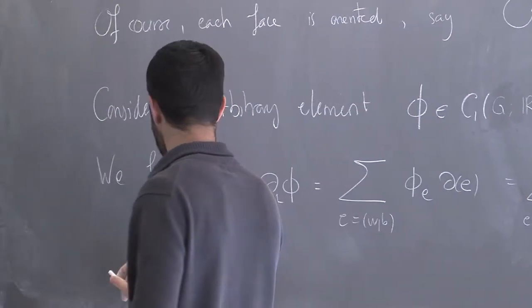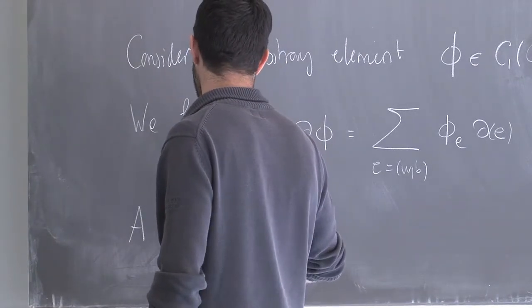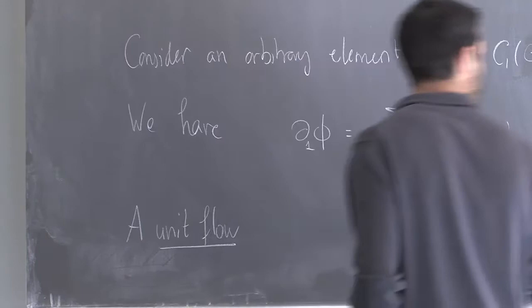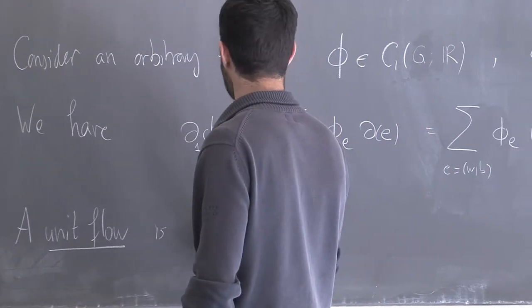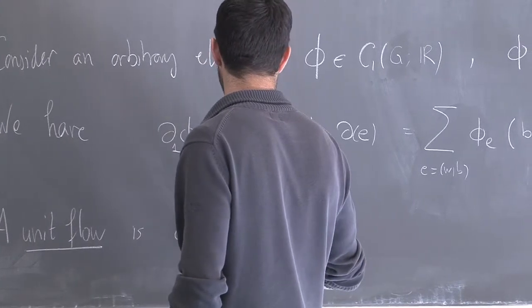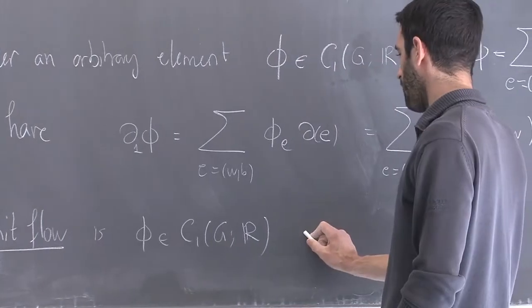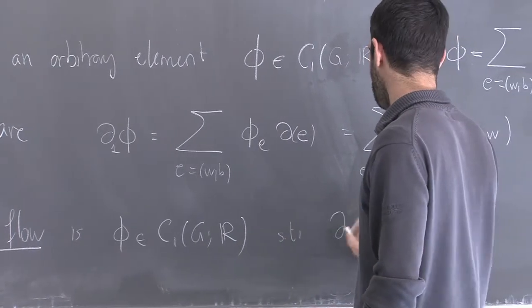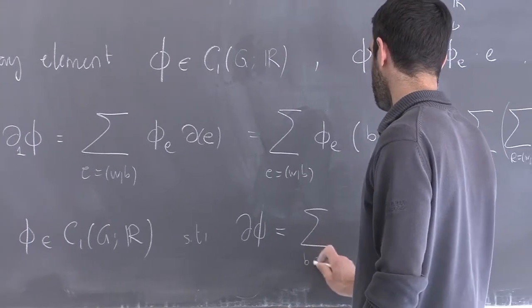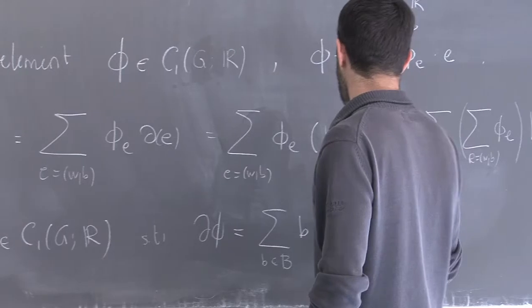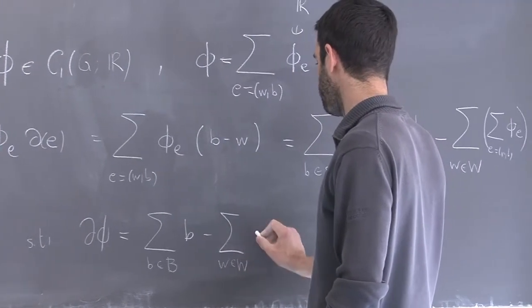Okay, and so the concept that will be important now is the concept of a unit flow. So I already introduced it in the homework exercise. A unit flow is an element of this form such that its boundary is exactly the sum over black vertices minus the sum over white vertices.